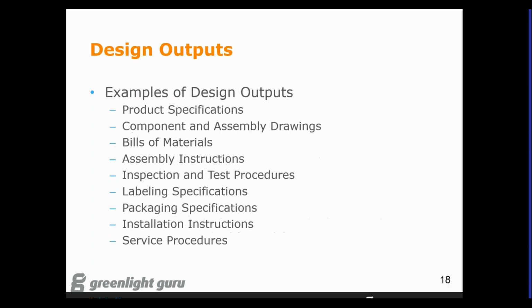And here, this is something that I've seen throughout my career: organizations generally get the basic parts associated with the product down, because it's the core element necessary for the manufacturing process. They generally have their component drawings, assembly drawings, bills of materials, their product specification.